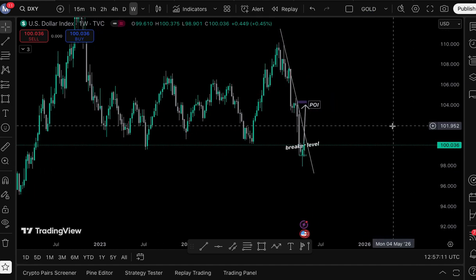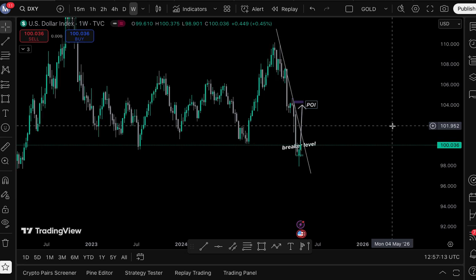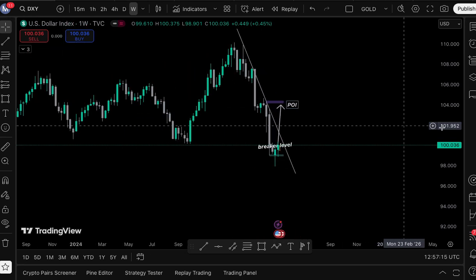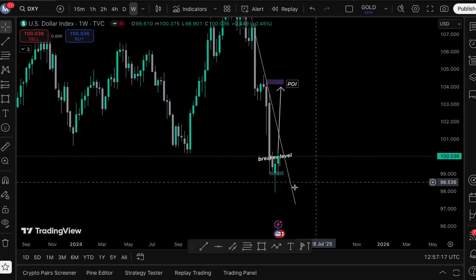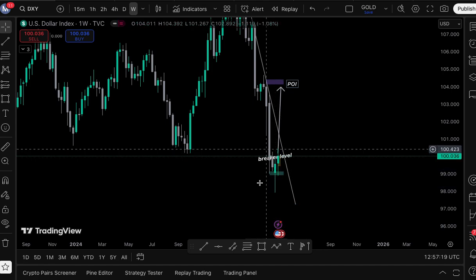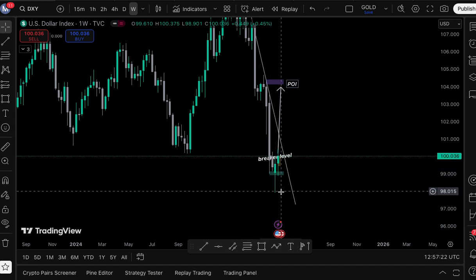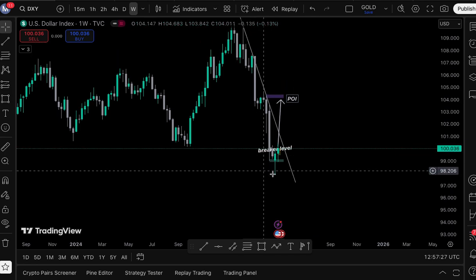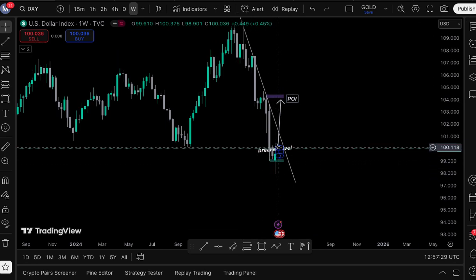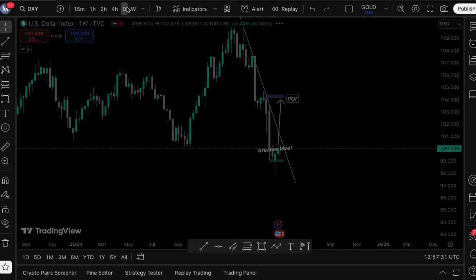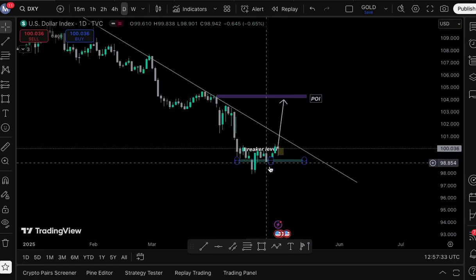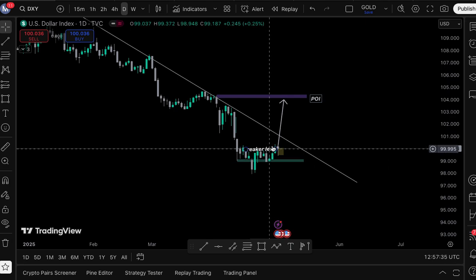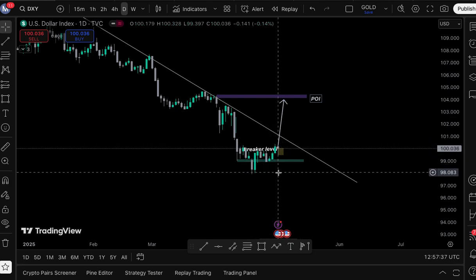Let's see. In the weekly time frame, there's a kind of confirmation we have right now. There's a shooting star candle here, so you can check it. Gold is on the bearish side right now, but in the weekly time frame we got a good confirmation from here. In the daily time frame, it has already given us the confirmation, and the daily candle has closed.